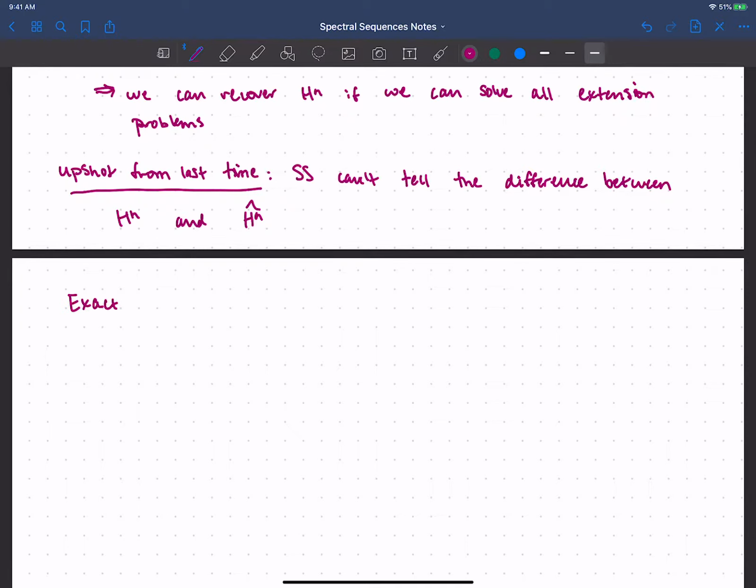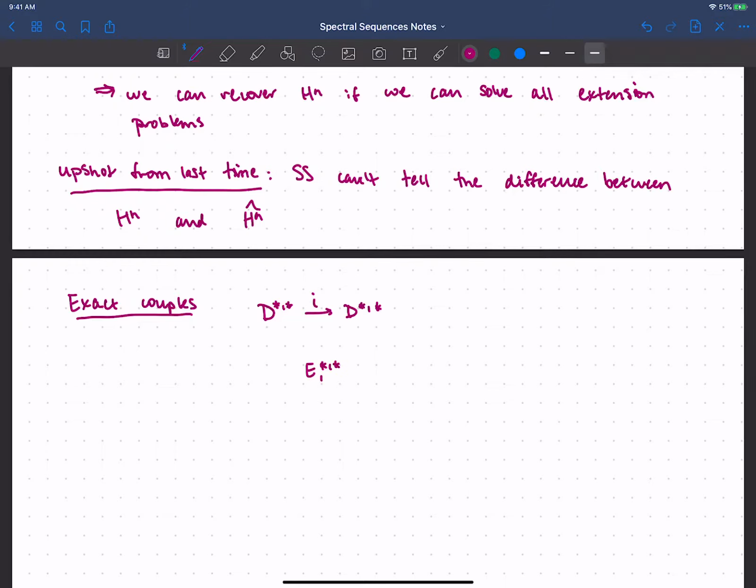Remember, all of our spectral sequences that we know come from a filtration of something, and or from an exact couple, and the filtration always somehow leads to an exact couple. So we might as well do this all in full generality for exact couples. So an exact couple looks like, well, we could really have any grading here, but I'm going to do this bi-graded because I want to have a particular example in mind.